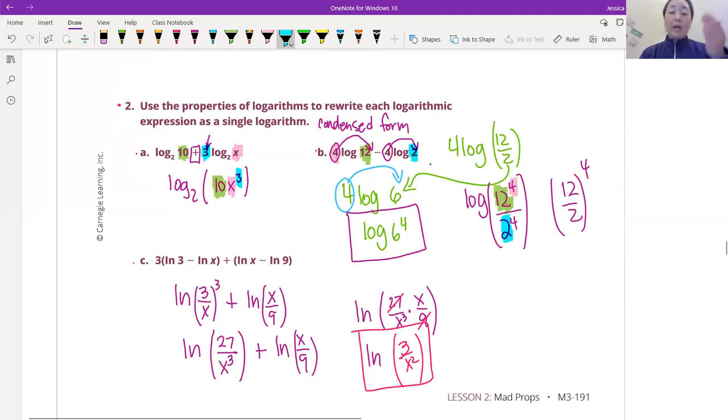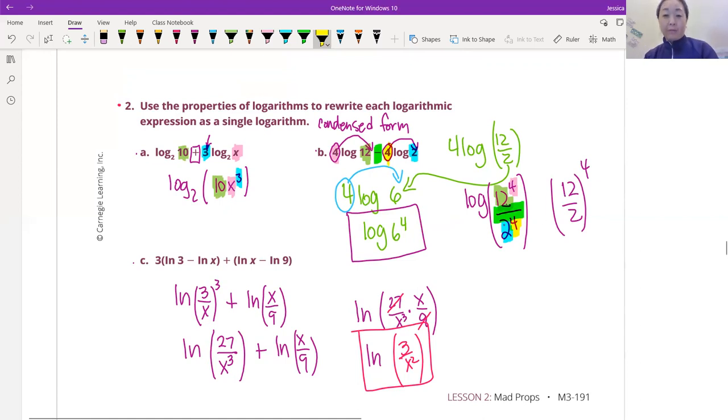How do we know it's underneath? How do we know it's divide? Because of that minus. Let me do that with green. So this minus right here is showing me that I need to divide. And then that exponent of 4 is this exponent of 4 right there. See how they're all related? Can you leave it like that? Yeah. Can you figure out what those numbers are? Yeah, you can figure that out using a calculator.